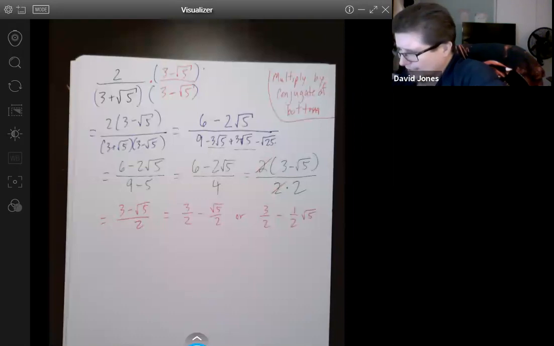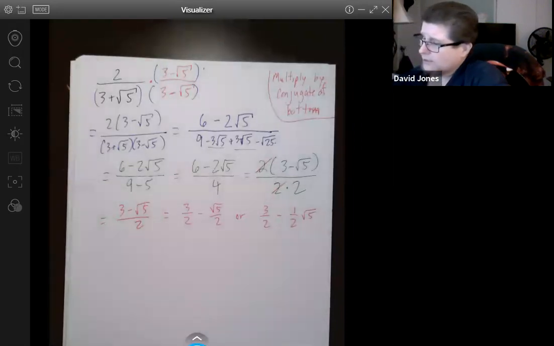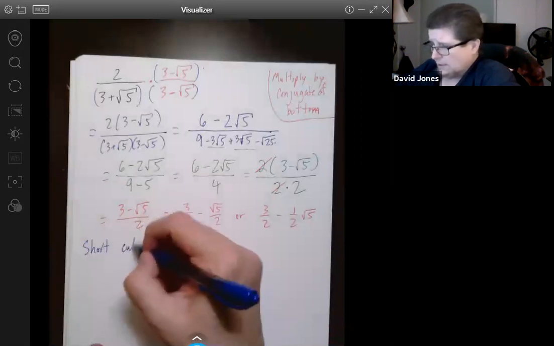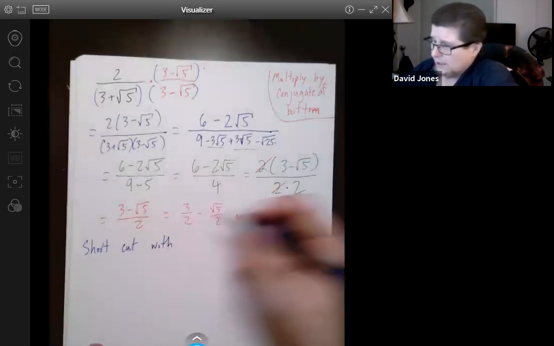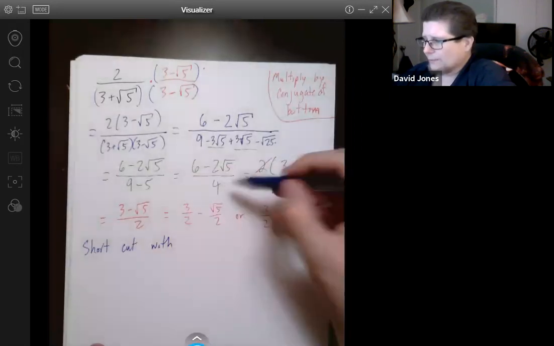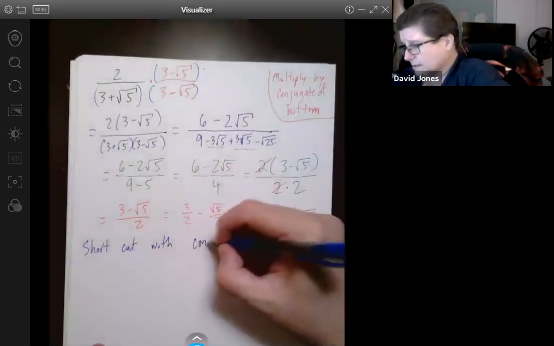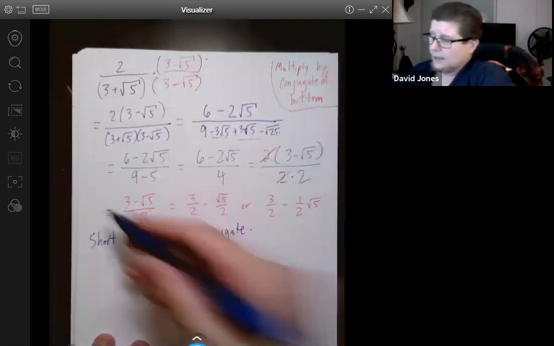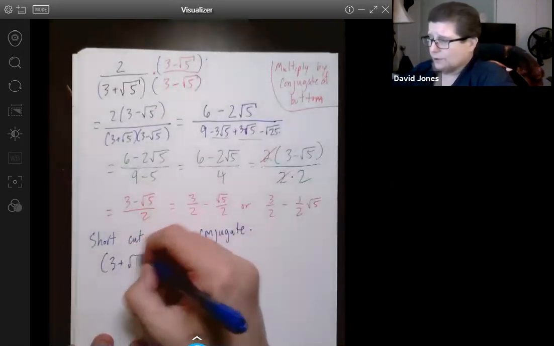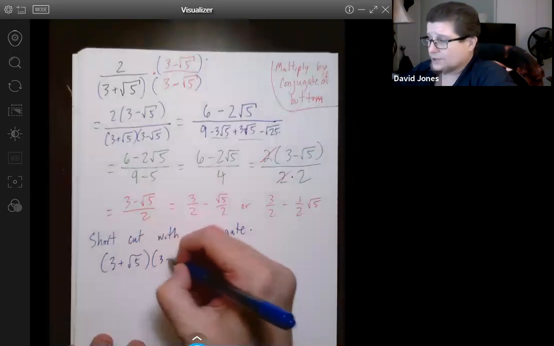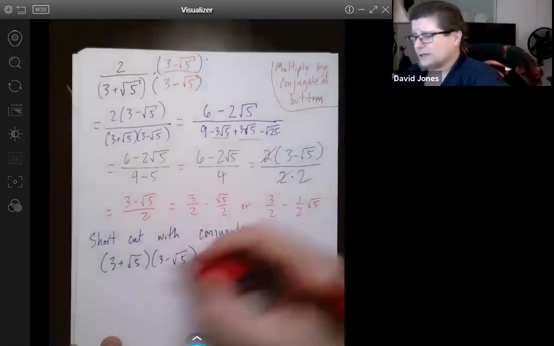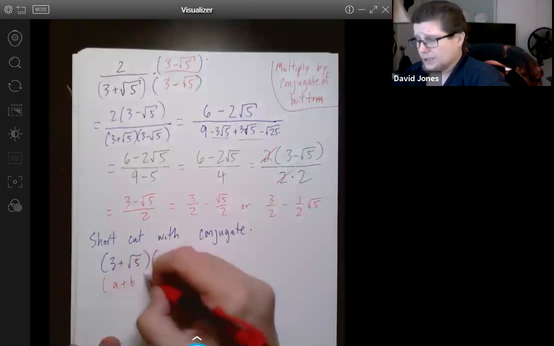The shortcut to the conjugate. Notice it ended up being just a whole number, right? I had 3 plus square root of 5 and 3 minus square root of 5. What if I said this was a plus b and a minus b?